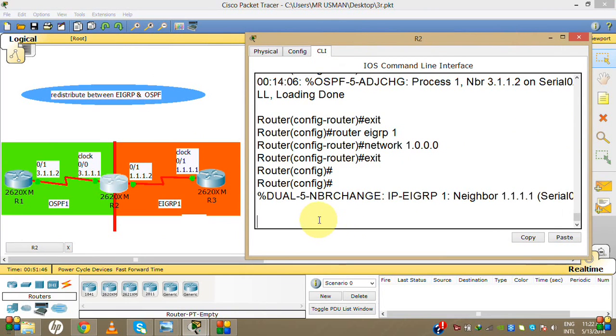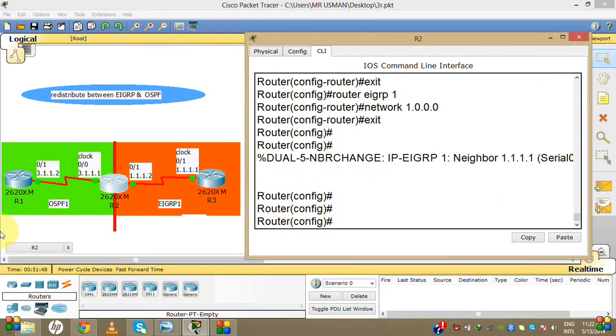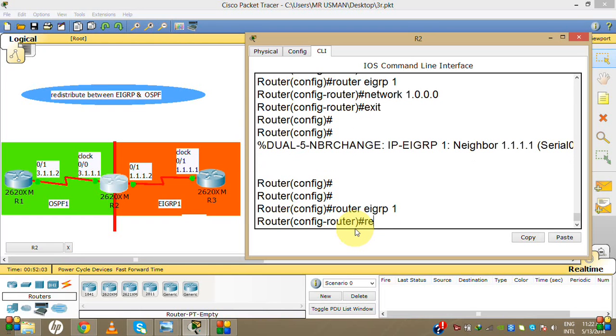First of all, I will redistribute OSPF into EIGRP. Router EIGRP 1, redistribute OSPF 1.